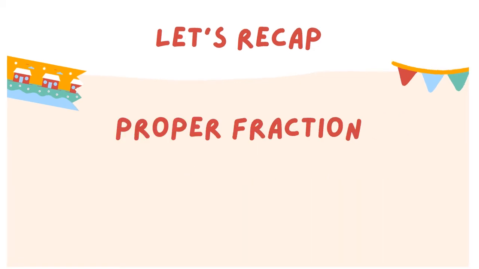So what is a proper fraction? A proper fraction is just a normal fraction. A proper fraction is where the numerator is smaller than the denominator. So examples of proper fractions are something like 1 out of 2, 2 out of 4, 4 out of 8, 8 out of 16.